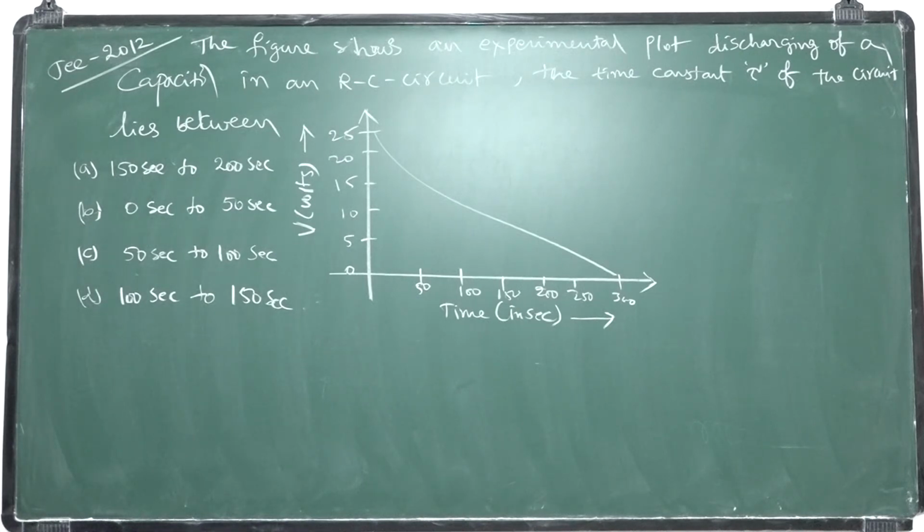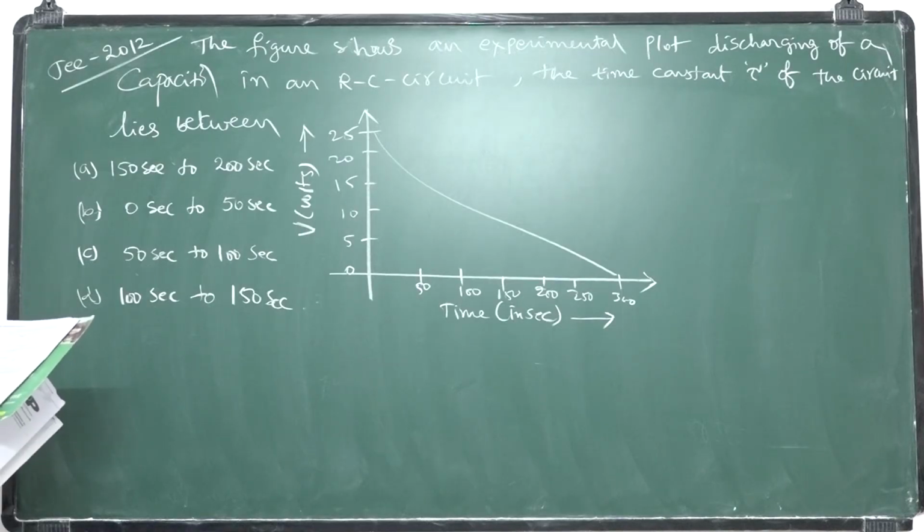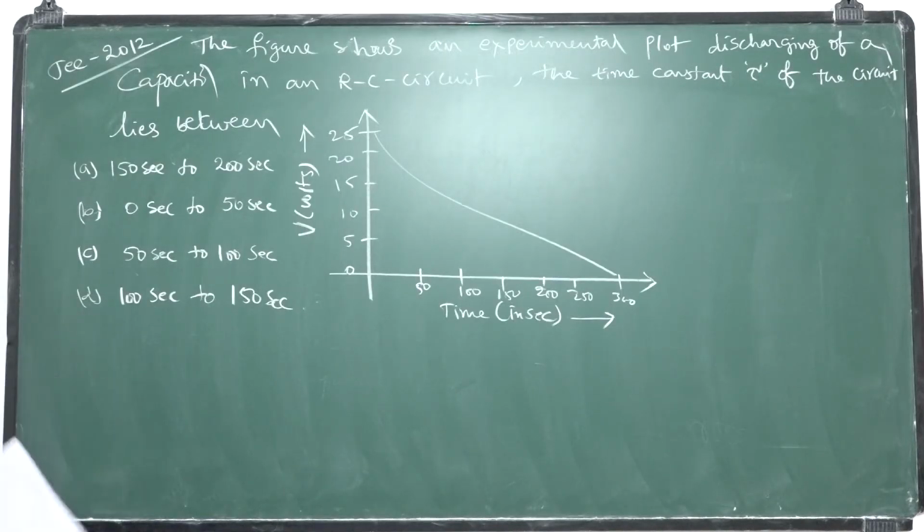Clearly, the given circuit is an RC circuit. So here charge is getting decreased. When charge is getting decreased, the corresponding voltage also gets decreased. So the time taken by the voltage to drop its value to 37% of the maximum value.